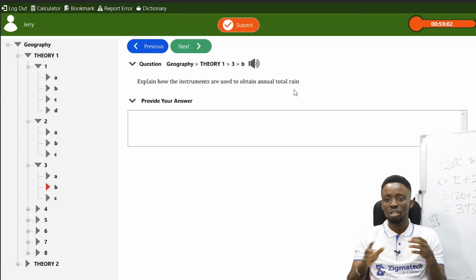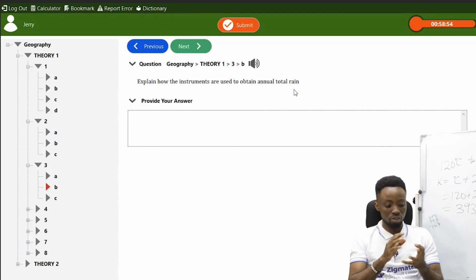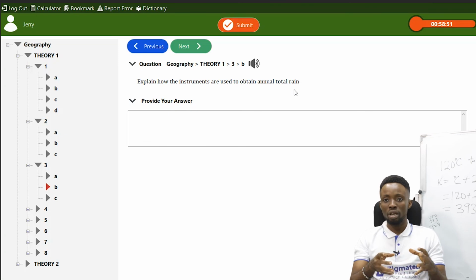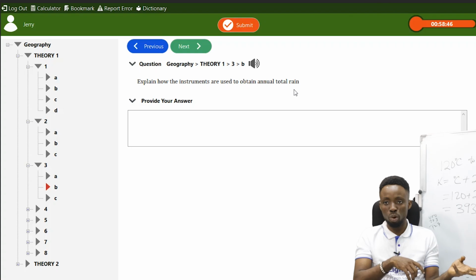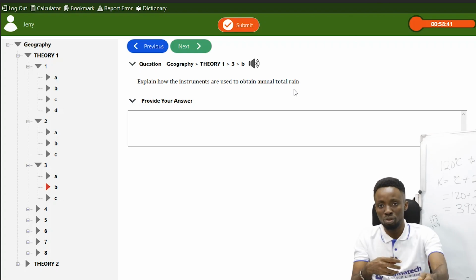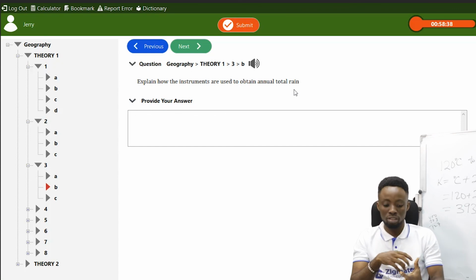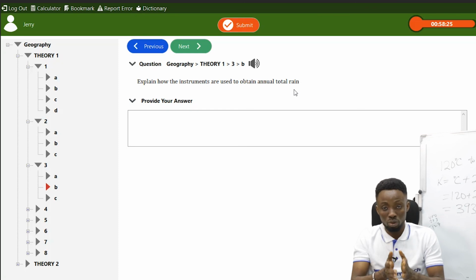And they say explain, the second question says explain how the instruments are used to obtain the annual total rain. So previously we've talked about this. What you simply need to get the annual total rain is that you take the measurement, the rainfall for each day, after the first day, once the rain is over, you take the reading in the recording sheet and you pour it out. You do the same for the next day till the end of the month, and you calculate for that month. Now, when you calculate the total rainfall for the past 30 days, you will get the monthly total rainfall.